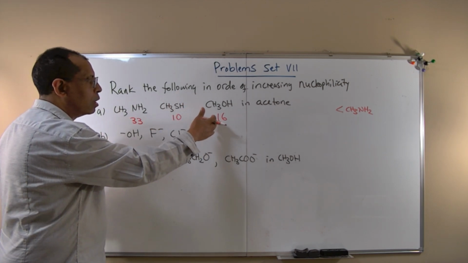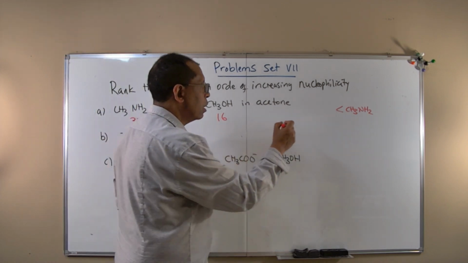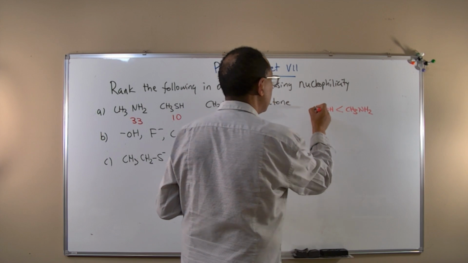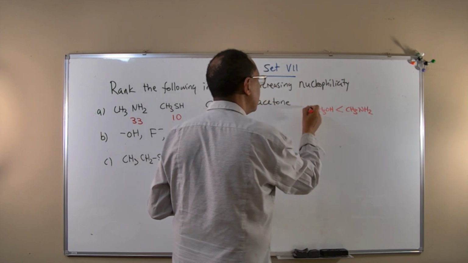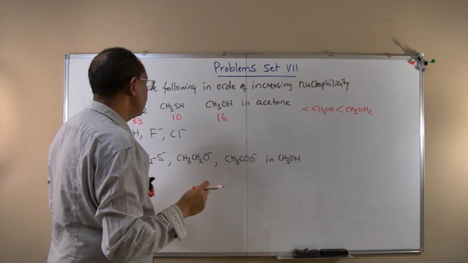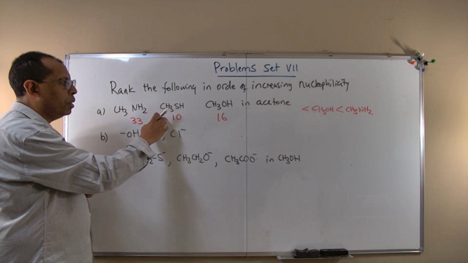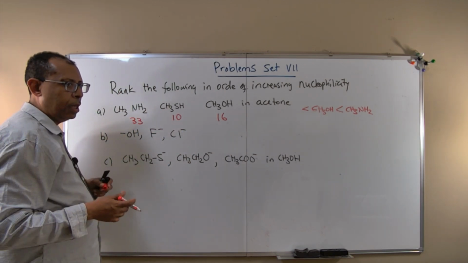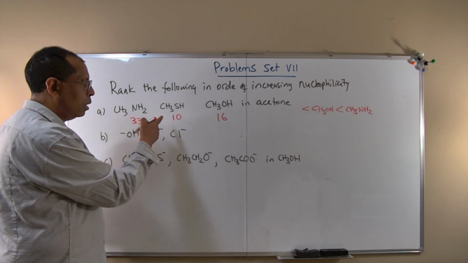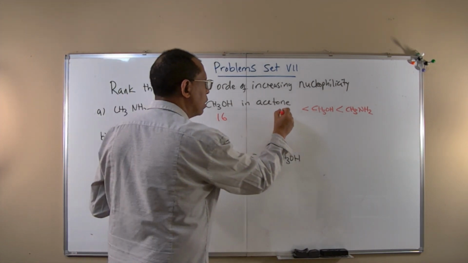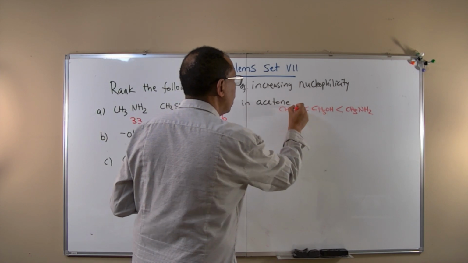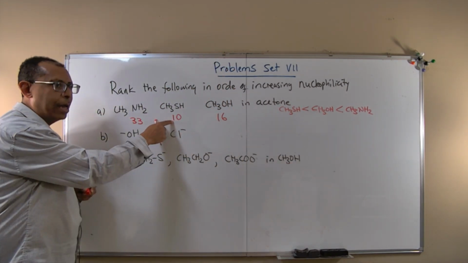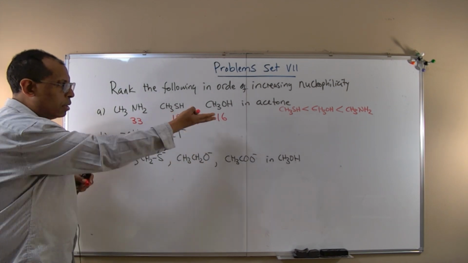So the next basic one would be methanol, the next stronger nucleophile. And the lowest would be CH3SH, a very weak nucleophile, because this is stronger as an acid, if you just see the scale.